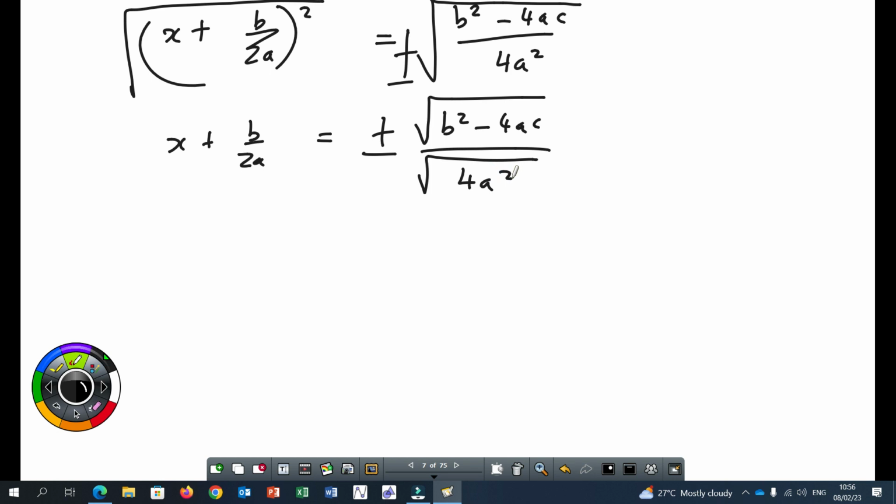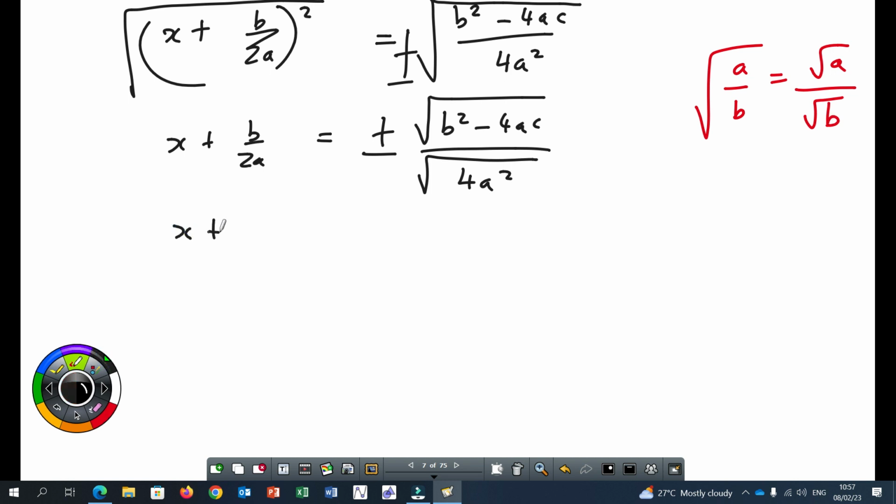If you remember the first lesson when I introduced sets, the square root of a over b is equal to the square root of a over the square root of b. So we're applying that here.